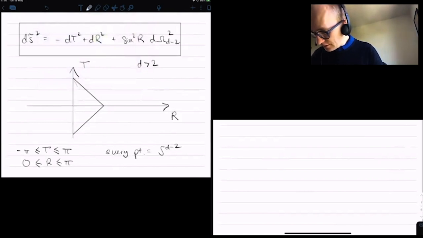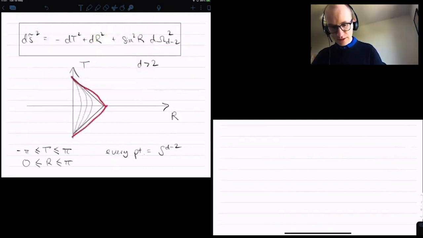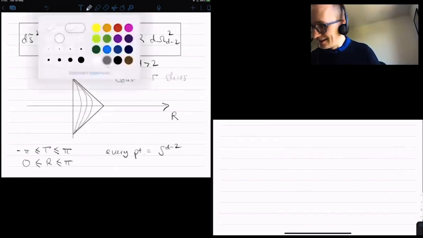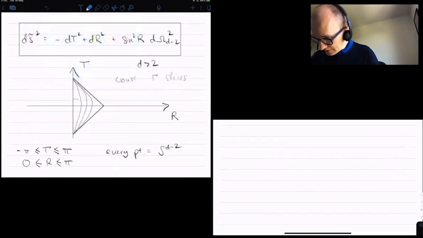And if I increase r, I start foliating this thing in such a way that I approach the asymptotes here. Okay. Sorry, I said it, but I should have said these are constant little r slices. We know what constant big R slices are. And then we have the constant little t slices, which look a little bit like this.